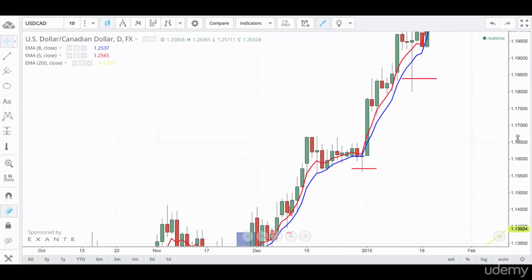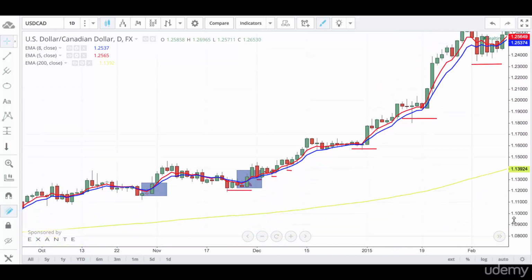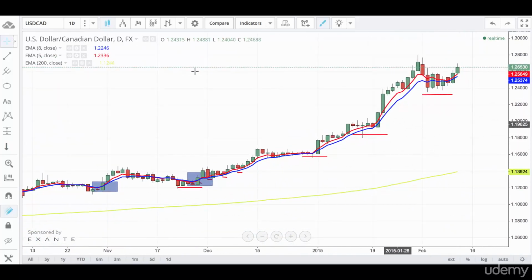And if you really stick to the rules, which is the most important thing of this trading strategy, you can make huge profits on a longer-term time frame. This trade appeared in late November, early December, and currently it's the 11th of February. So realistically, to catch this move you should have been in the trade for over 3 months, which is quite difficult from a psychological point of view.